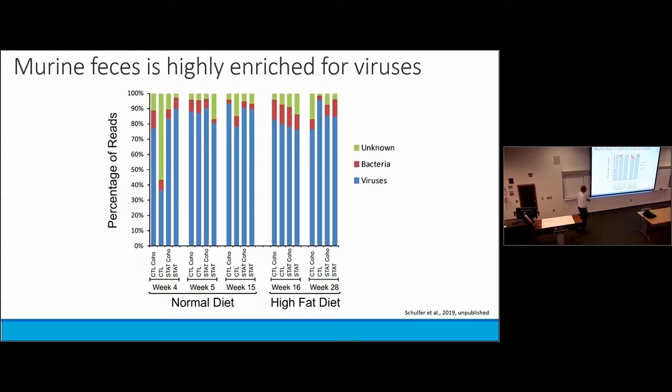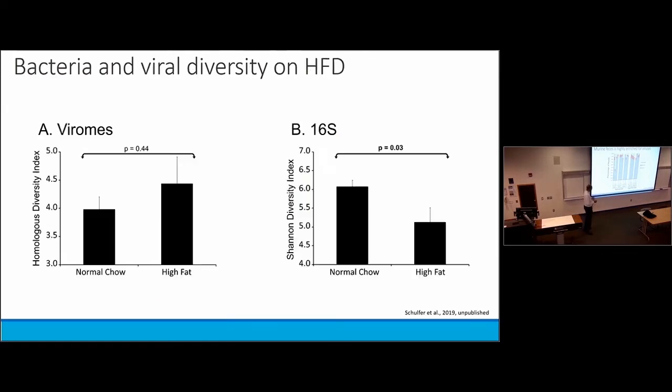And the one thing that I can say, just like in humans, your gut is full of viruses. In mice, we see the exact same trend where they're just really highly enriched for all of these viruses that we can identify. Again, most of them are bacteriophages.